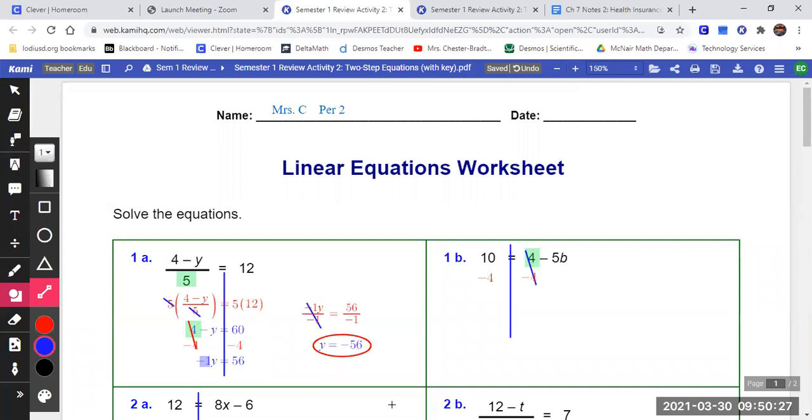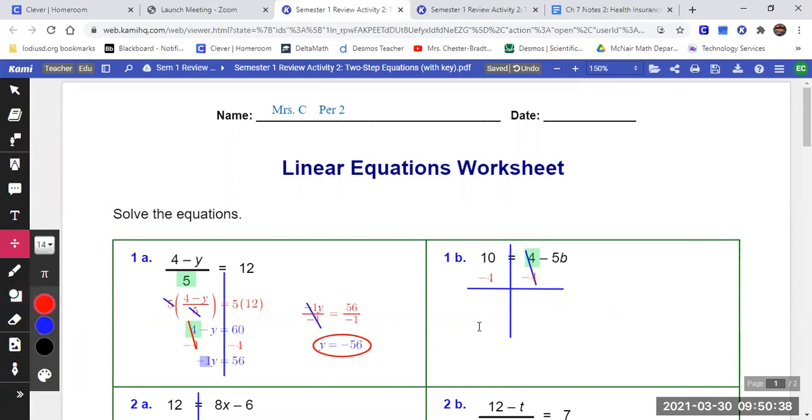That's gone. Now we have to go ahead and solve what this 10 minus 4 is equal to.